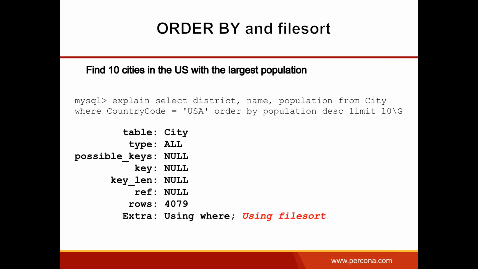And we see here that there is no index used because there's no index, and MySQL is doing full table scan. This table is very small. There are only 4,000 rows, but still MySQL, as we see in the extra field of the explain output, is using filesort.